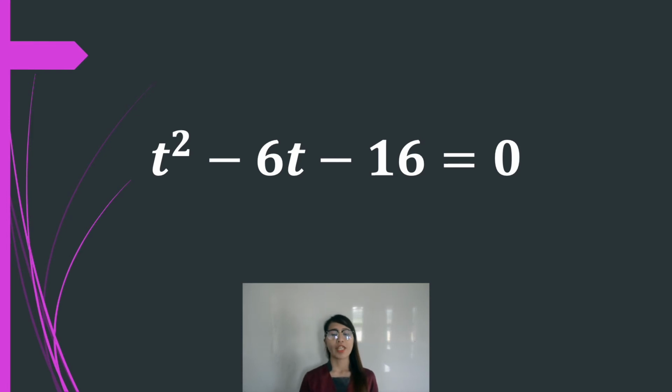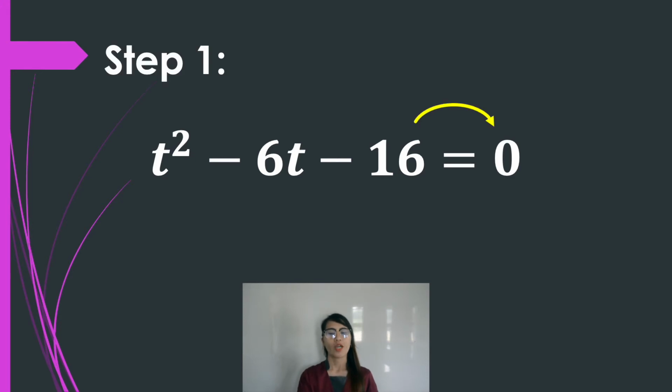And we will have t squared minus 6t minus 16 is equal to 0. We can actually factor the given polynomial using any of the methods discussed in the previous lessons. But for this discussion, use completing the square.